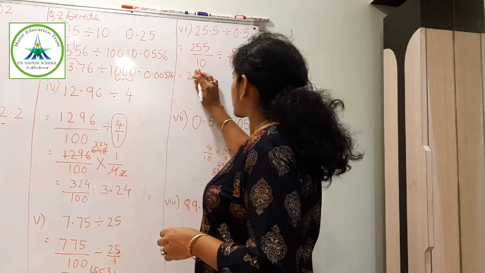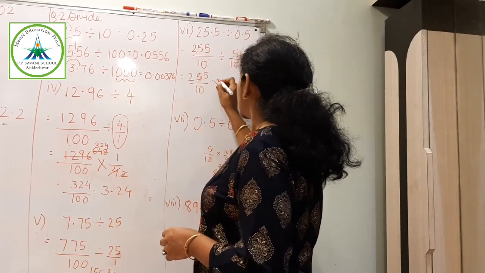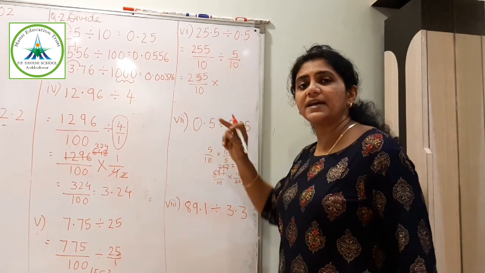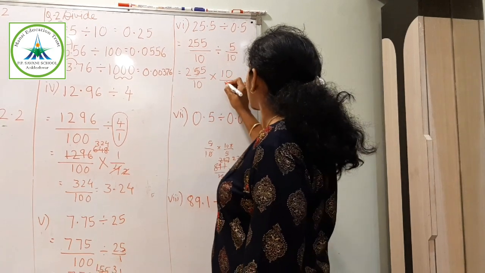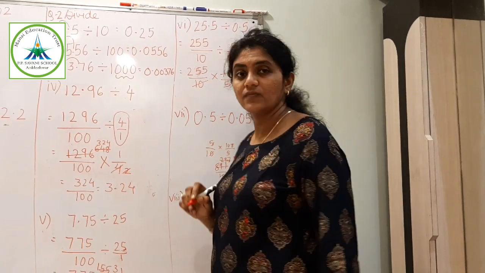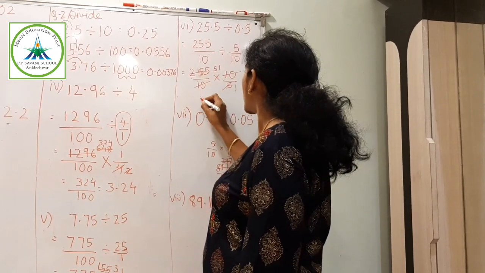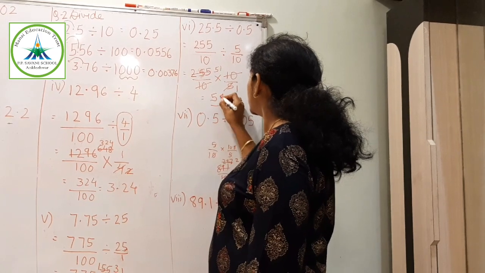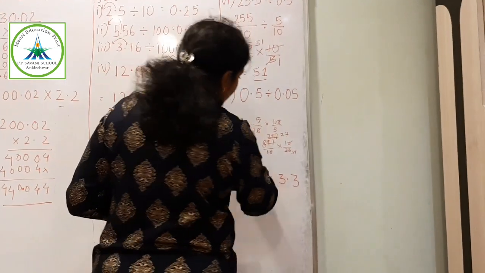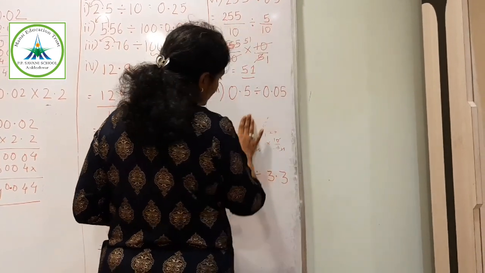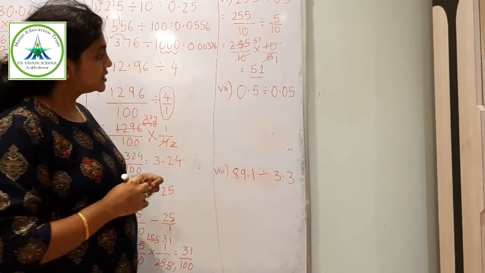So the first fraction will remain as it is. The division sign will be replaced by multiplication, and now take the reciprocal. Yes, 5 ones are 5, 51. So the answer will be 51. Yes. Now the 7th one, 0.5 divided by 0.05.